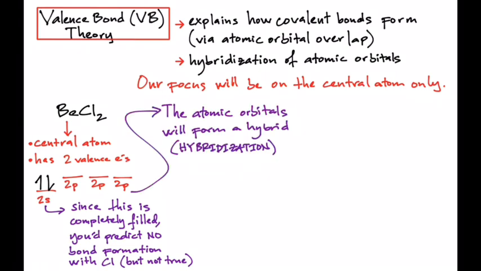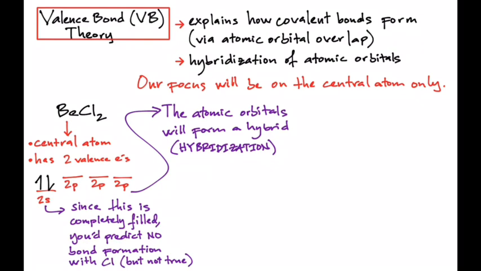Well, according to valence bond theory, the atomic orbitals of beryllium, the central atom, will form a hybrid. This is what they call hybridization. So what does that mean exactly? Well, the 2s and one of the 2p orbitals will form hybrid orbitals.